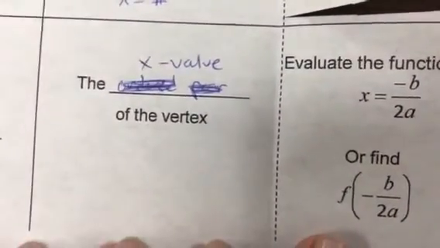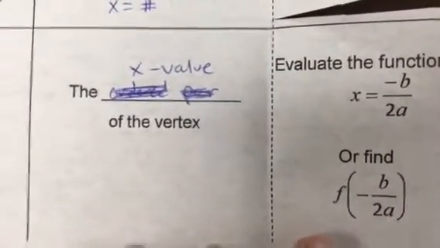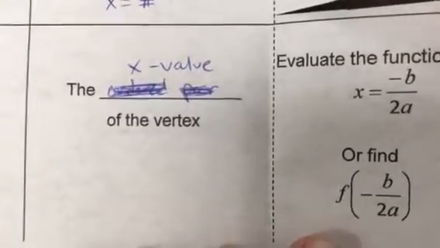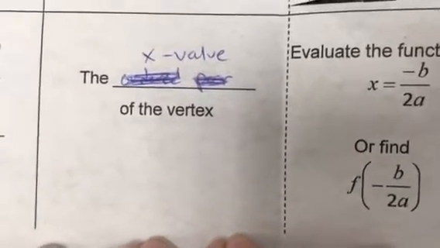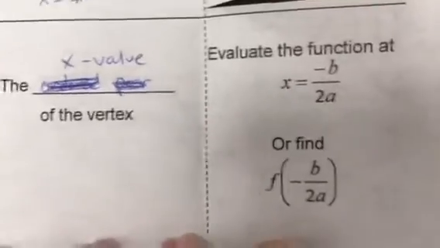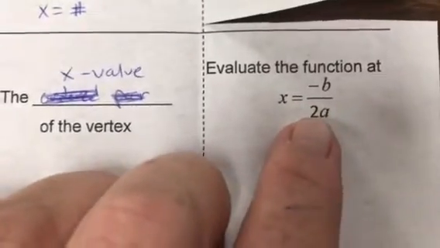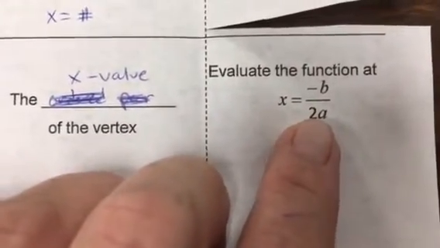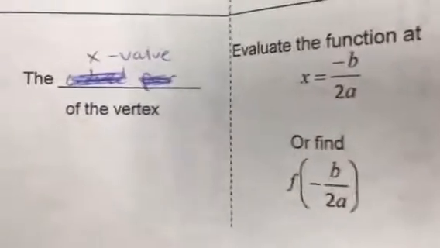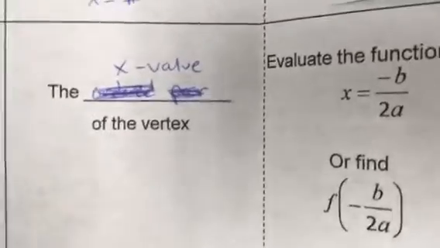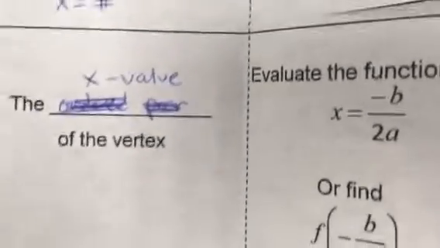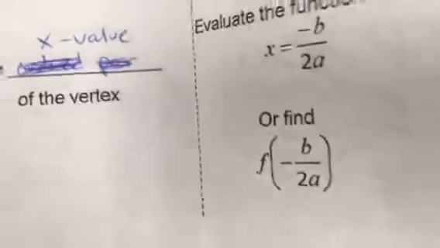So the x value of the vertex is always the minimum or maximum of your quadratic equation. And this can be found using this little formula if we needed to do it mathematically. But again, it'd be easier for us to graph it, and since we have that ability, that's what we're going to do all the time. It's easier for us to graph it and then use our eyeballs to see where that would be.